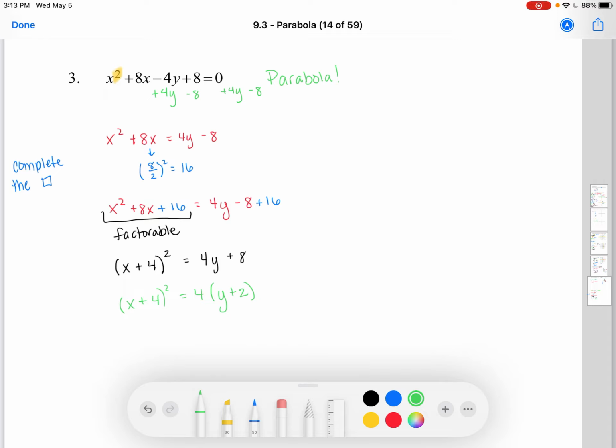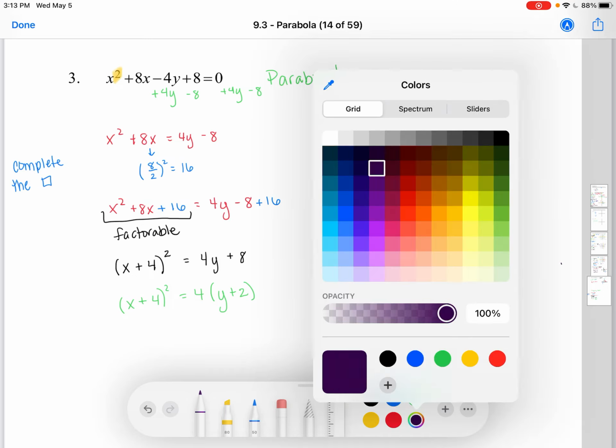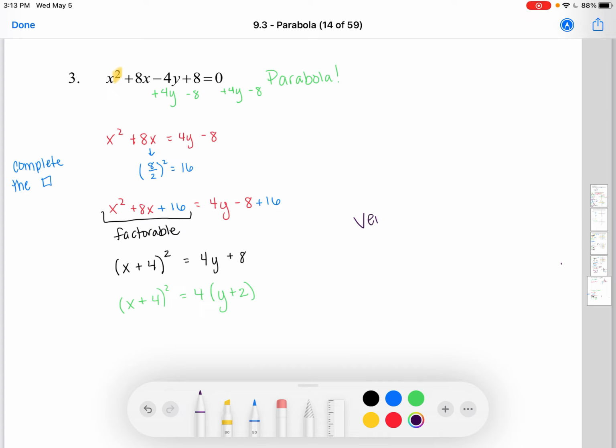Taking a look at this function, seeing that x is the variable getting squared this time, that tells me that my graph is going to open either up or down. It will have a vertex of, and again, this stuff is not asked for, but just to think about for a second, the vertex will be -4, 2. It will open, depending on this p-value, it will open up because it is positive.